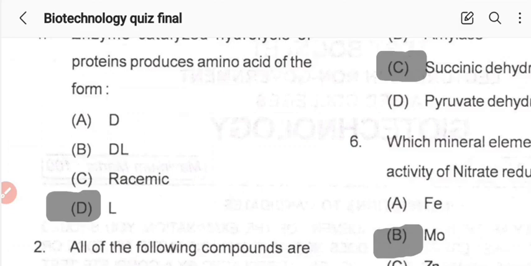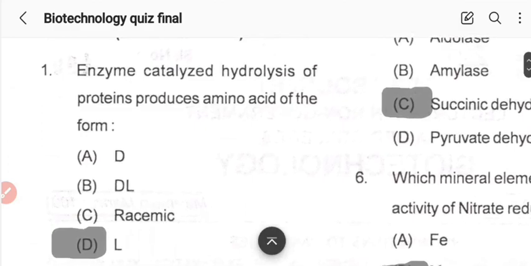In the case of glucose, we have dextrorotatory, D glucose, not L glucose. But in the amino acid case, it is L amino acids. So the answer is D.